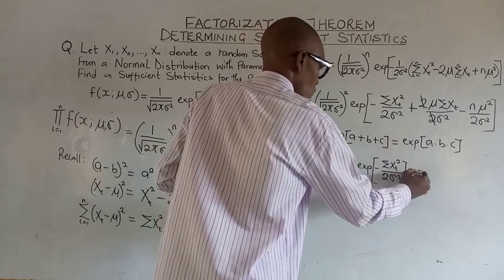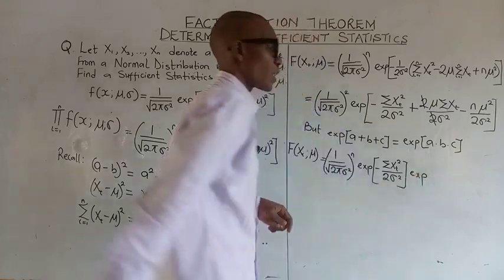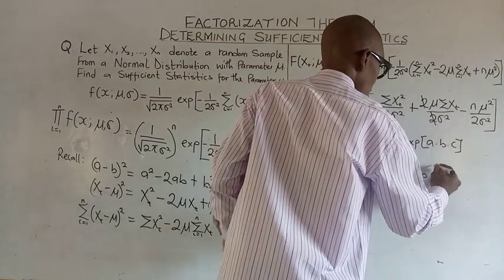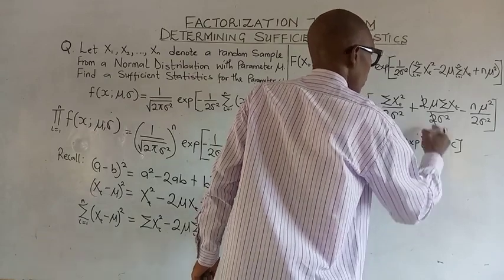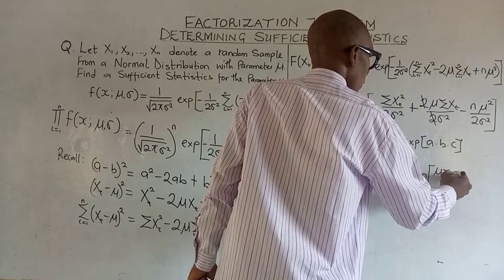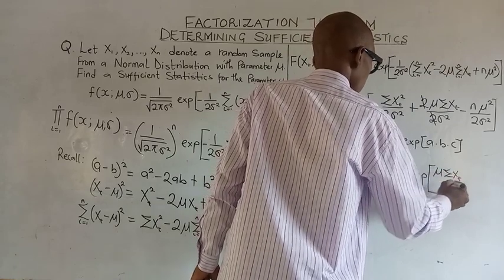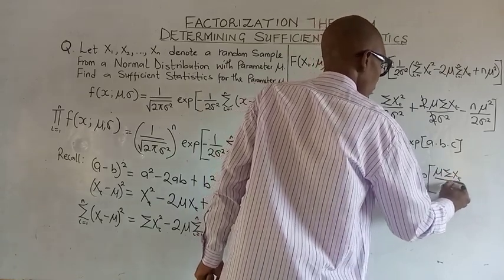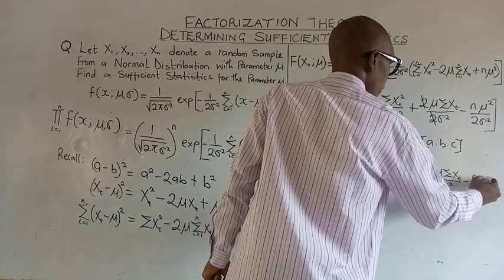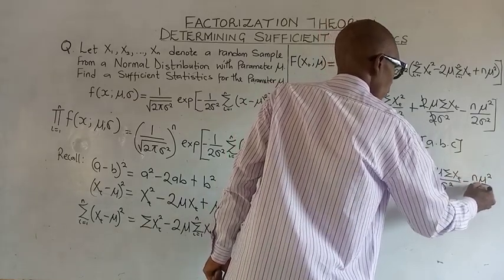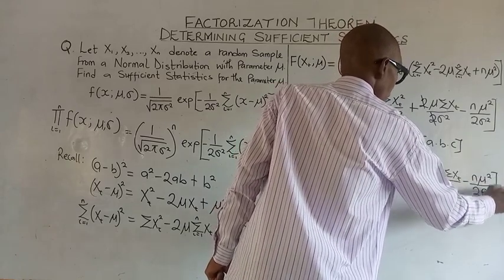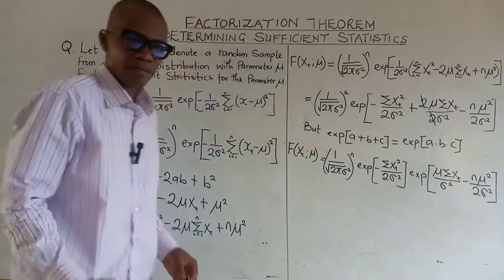From this, we can also have another exponential, the whole of this: mu summation of x_i all over sigma squared minus n mu squared over 2 sigma squared. So this is what we have.